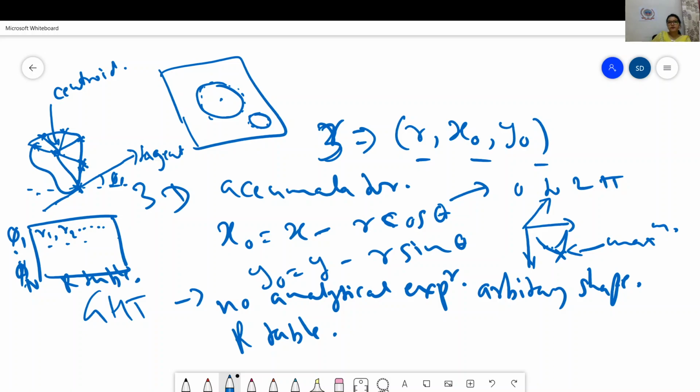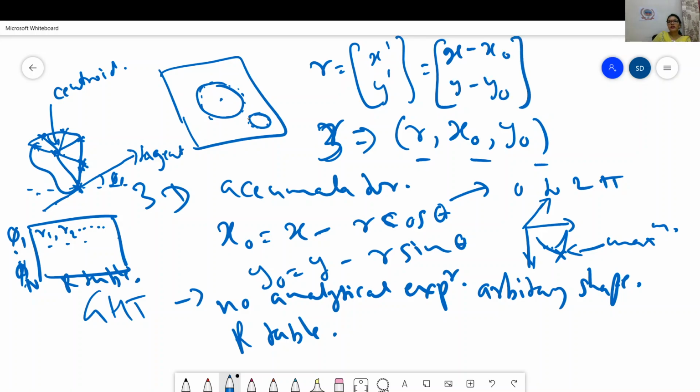And R we can represent as x dash, y dash equal to x minus x naught, y minus y naught. X naught, y naught is, as we told, the centroid. With respect to the centroid, you are calculating the distances.